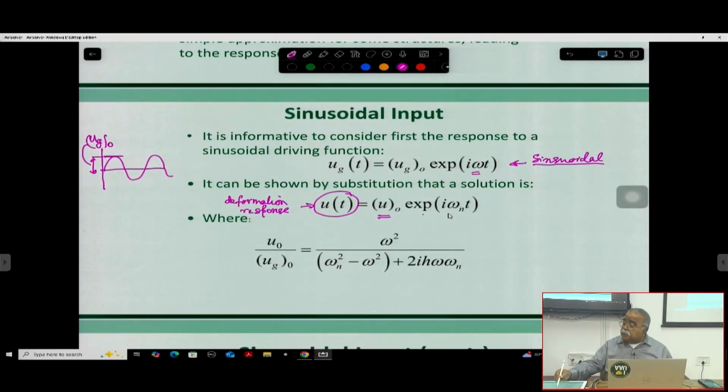If you divide these peak values, that means u0 divided by ug0, the peak building response normalized by the peak ground displacement, then this value will be equal to this, right? Just substitute there and calculate, and it will give these equations.